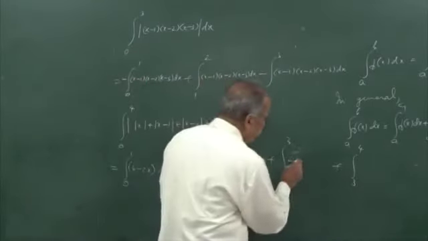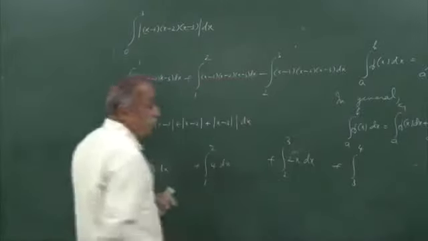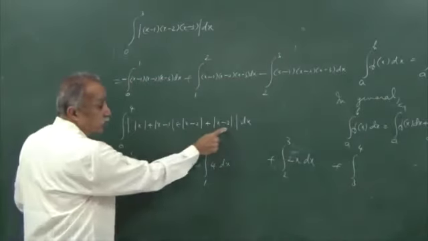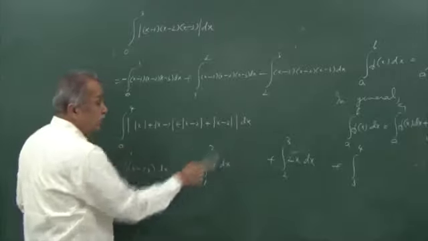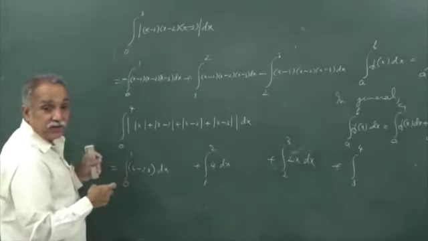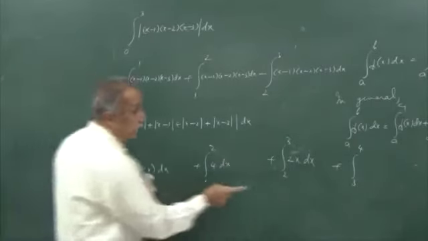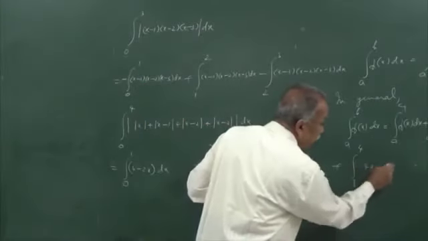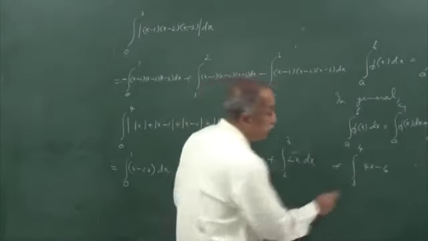Is x. In 3 to 4, this is x minus 1, x minus 2, x minus 3, 4x minus 6. Is 4x minus 6 positive in the interval 3 to 4? Yes.